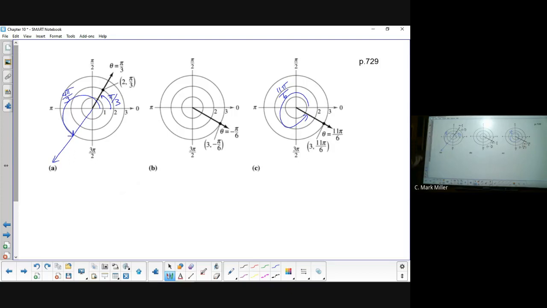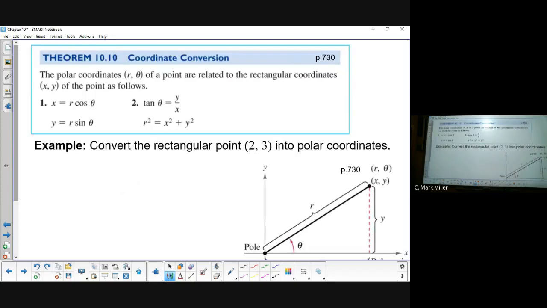So that point would be 4 pi over 3 but with a negative radius. You can have negative radii here. Right? It's another way of doing it. So these are the things we just derived on the other screen.